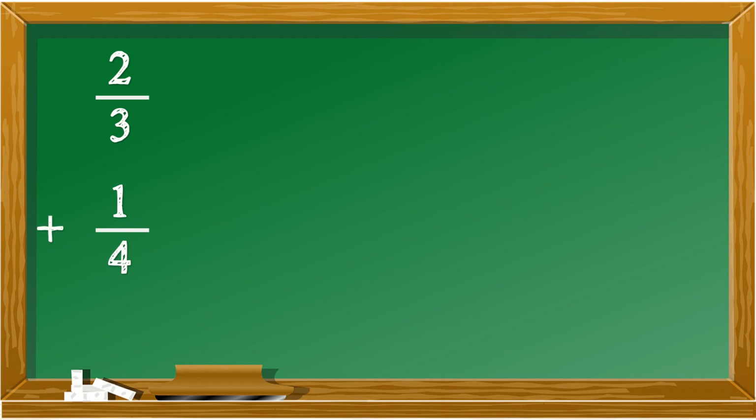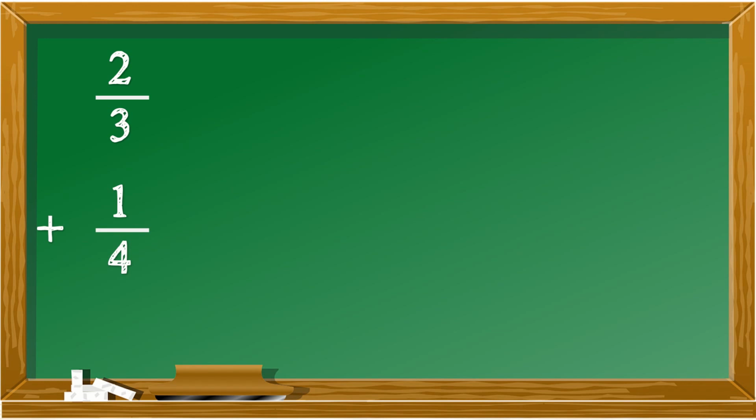But remember, to add fractions, they need to be similar fractions, meaning they need to have the same denominators. But in this case, 2/3 and 1/4 are not similar fractions.